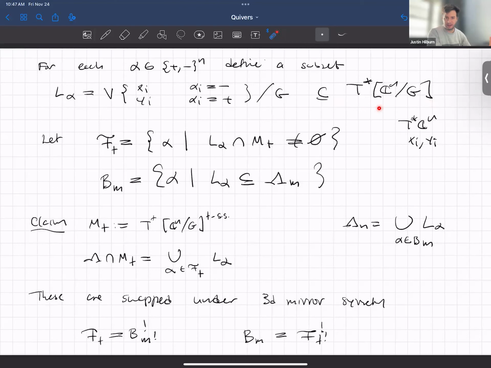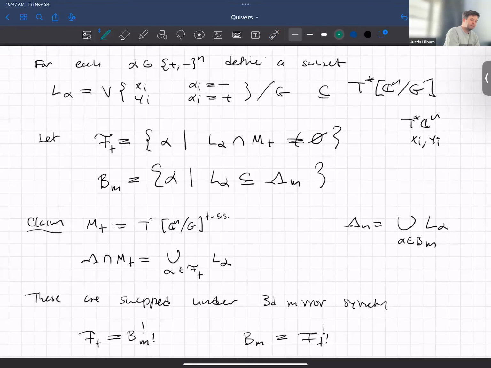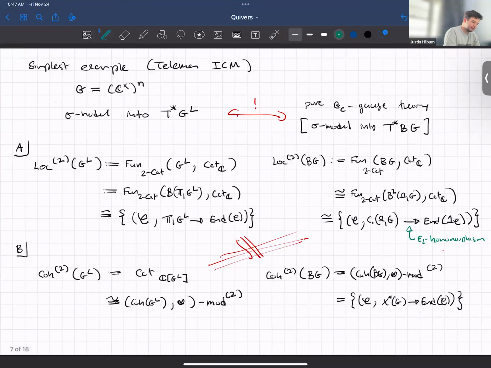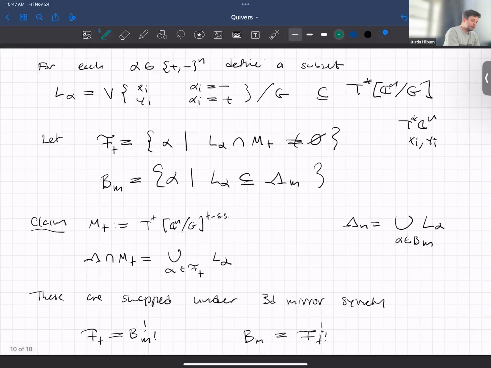You set the x's equal to 0 whenever you have a minus, and you set the y's to 0 whenever you have a plus.